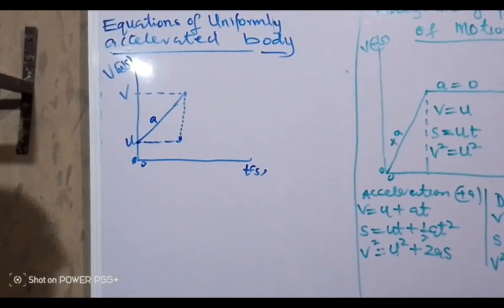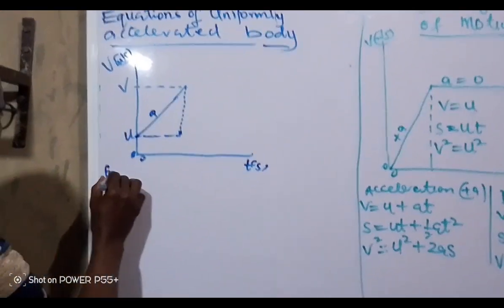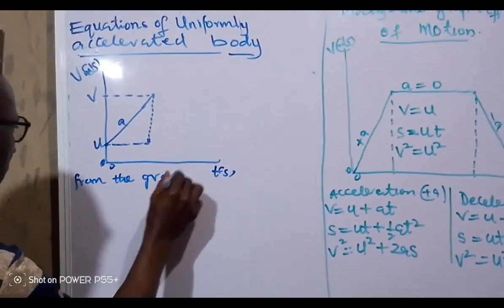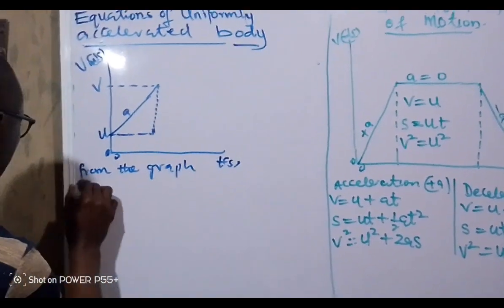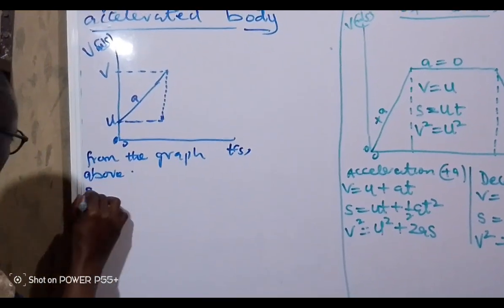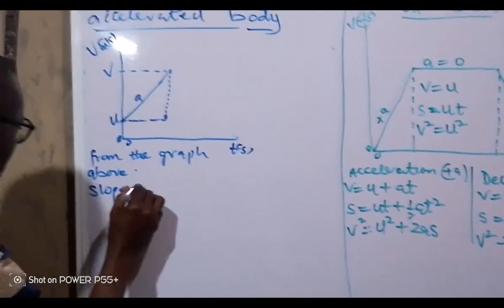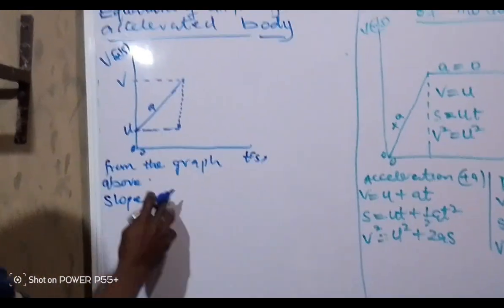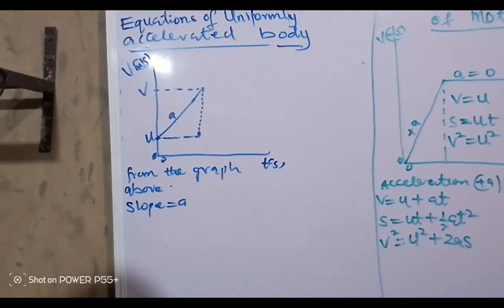So now, from the graph above, the slope is equal to A. Don't forget we've talked at length on this in our former lesson.